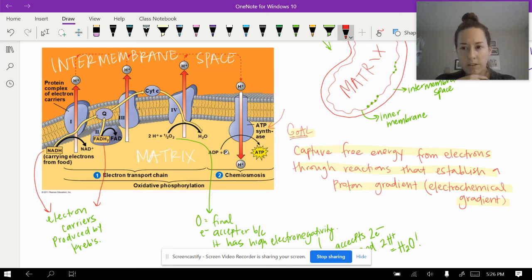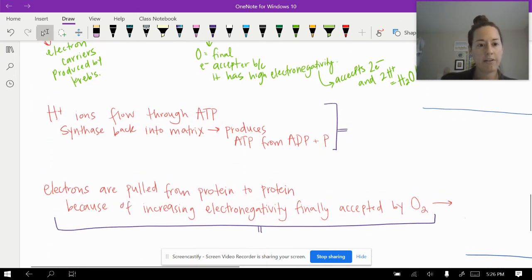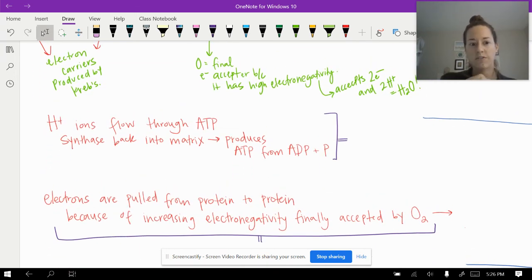So now I'm gonna do that in words on here. So what we have is hydrogen ions flowing through ATP synthase back into the matrix, which produces the ATP from the phosphate, and that is called chemiosmosis. I don't want to use red, I want to use green.